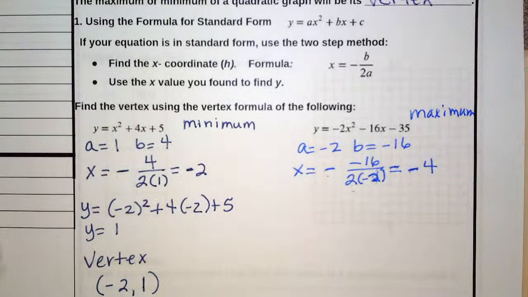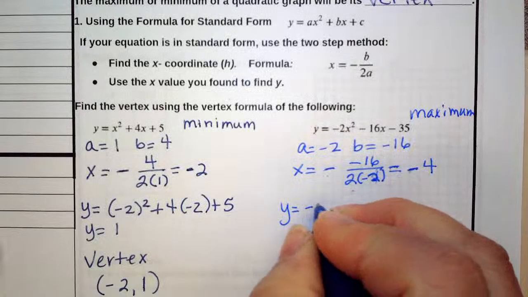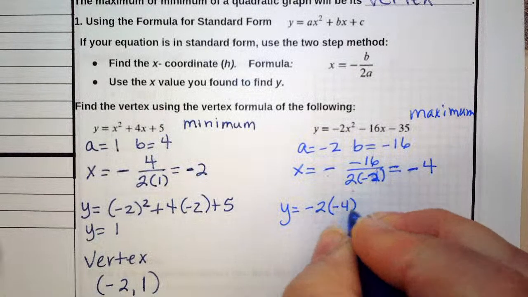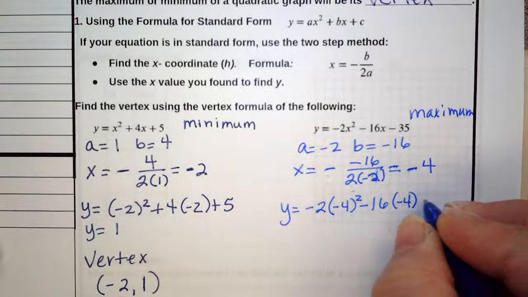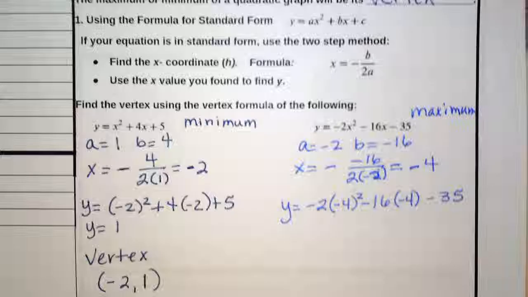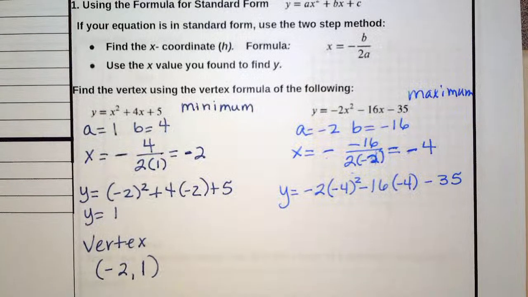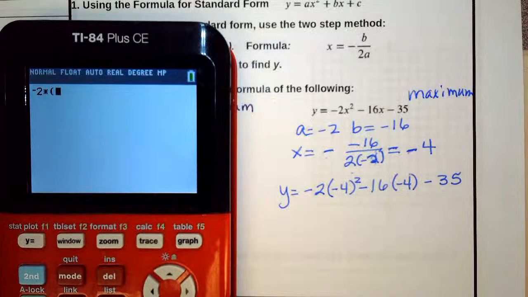Okay, now I'm going to use my x value to find my y. y is equal to negative 2 times negative 4 squared minus 16 times negative 4 minus 35. Remember, it's always easiest if you know how to put it in a calculator, and you will not have as much chance of a math error. So negative 2 times parenthesis negative 4 parenthesis squared minus 16 times negative 4 minus 35.